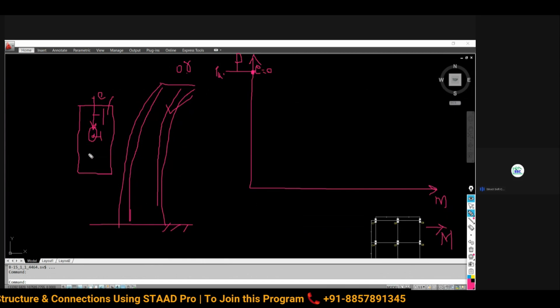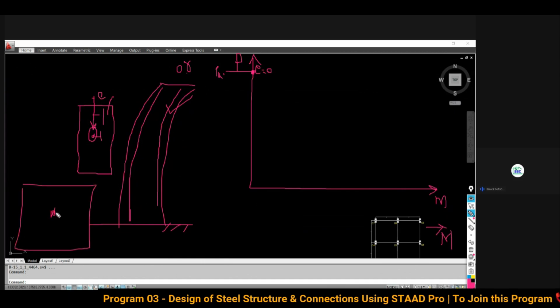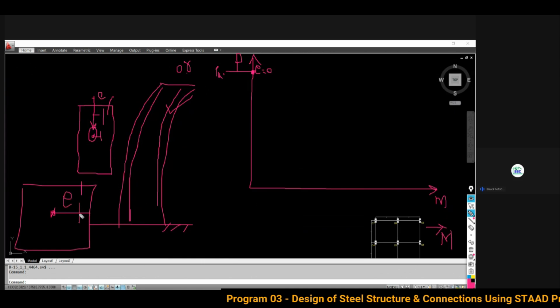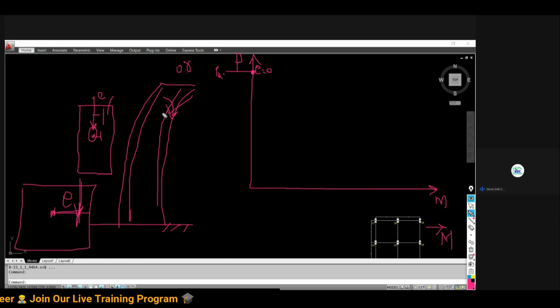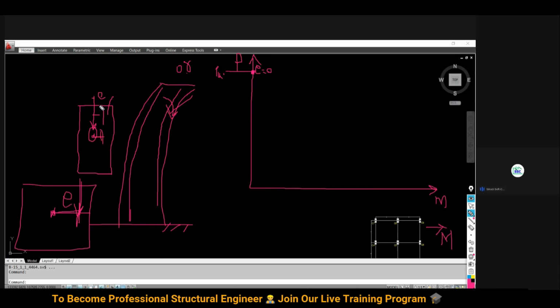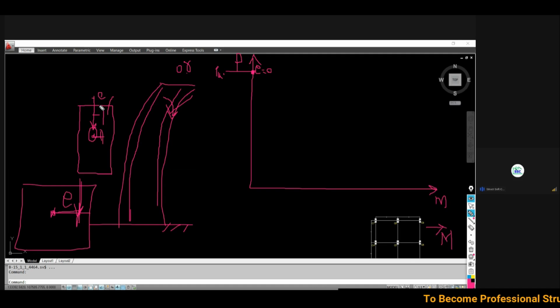And now suppose eccentricity is there. Suppose this is my section of the column, and this is the center point. Some eccentricity is there, and the load is going to act on this point, so this eccentricity is going to generate a moment on your column. Once your column is subjected to moment, the actual load carrying capacity of the column is not going to be utilized to its maximum extent, or in another way, the actual load carrying capacity of the column is going to be reduced.